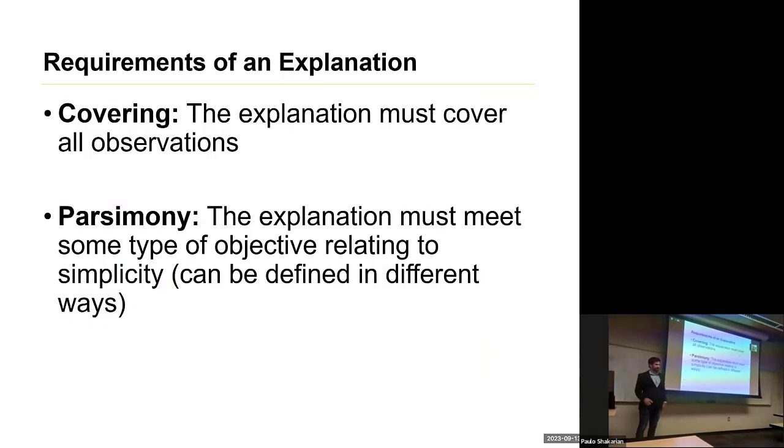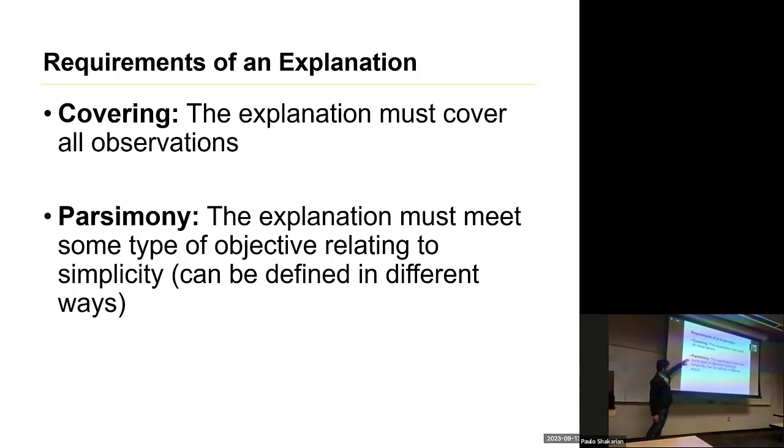So there's really two requirements for an explanation, and they are covering and parsimony. Covering means that all observations need to be explained by the explanation. So we saw in the previous slide, there was an atom owning a car. And if I pick that as my explanation, it would not cover any of the observations because none of the rules would fire as a result.